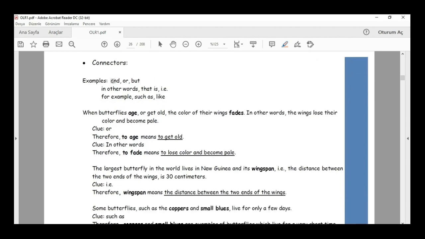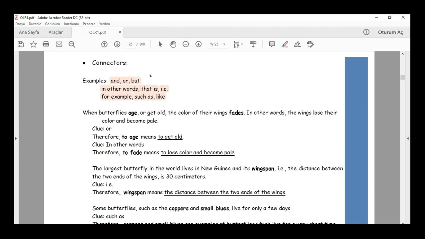You can also make use of and, or, but. You can make use of in other words, that is, or again, i.e., which means that is. You can make use of for example, or such as, and like. All of these will help you understand the word that you don't know. And, or, but, with these you will make logical deductions.